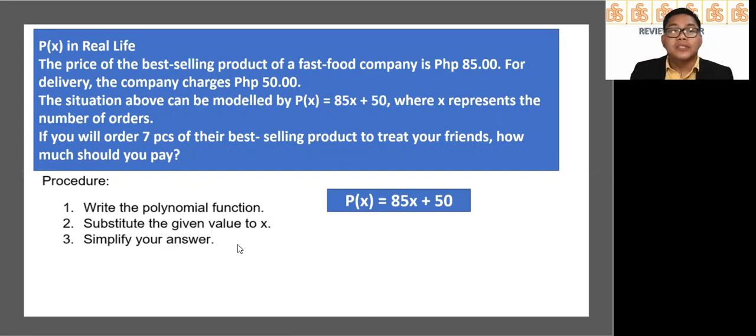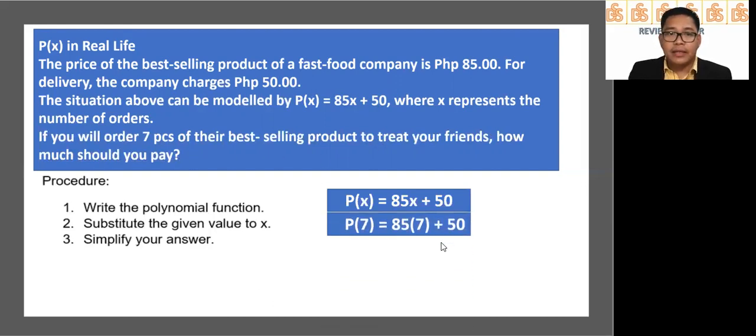Number 2, substitute the given value to x. Since our goal is to identify the total price if we order 7 pieces, then we have P of 7 equals 85 times 7 plus 50.